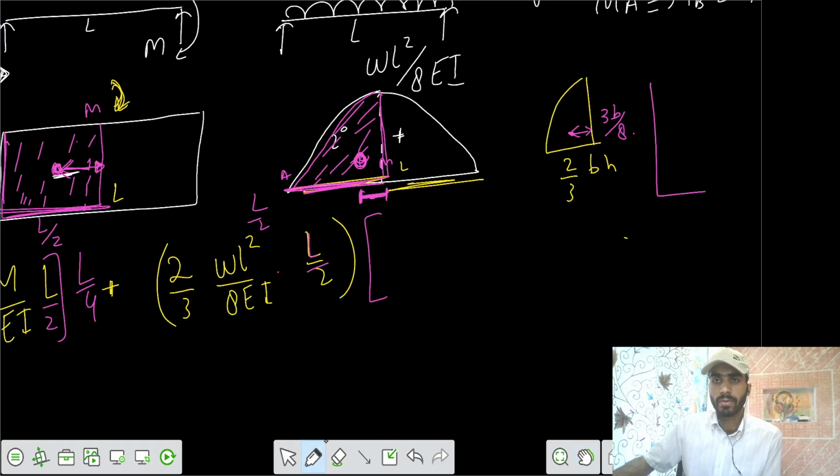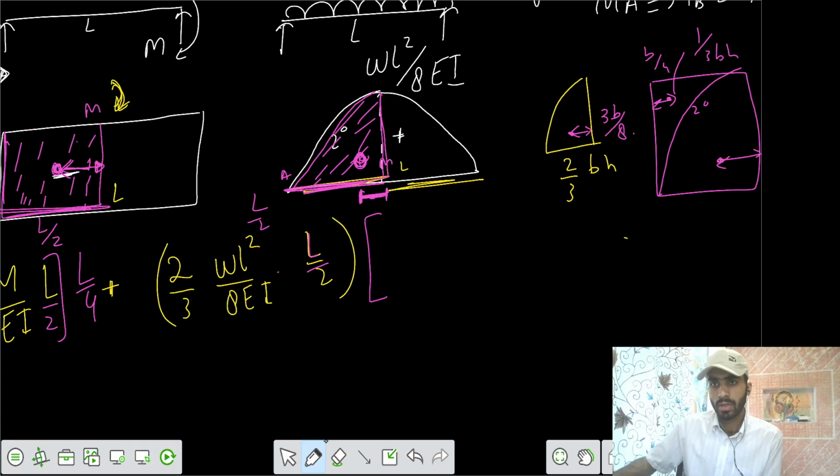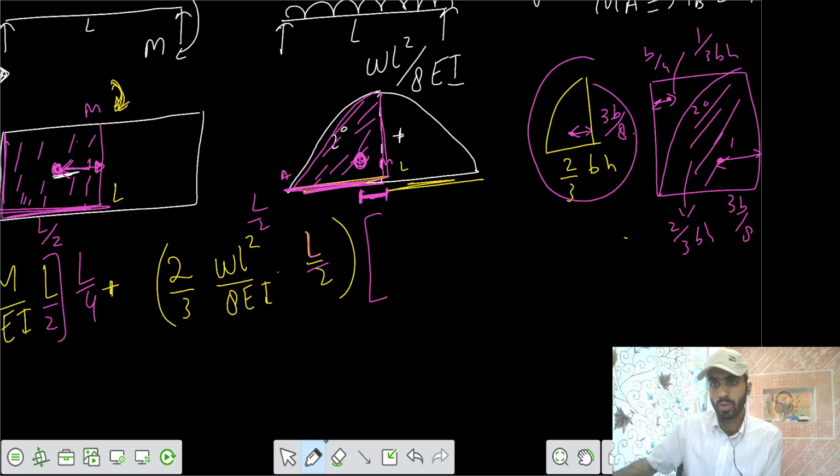So we have the rectangle, and the triangle was 1 by 3 of BH. This is a 2-degree curve. The centroid here was B by 4, and in this part it was 3b by 8, and the area was 2 by 3 of BH. So the centroid is 3b by 8.